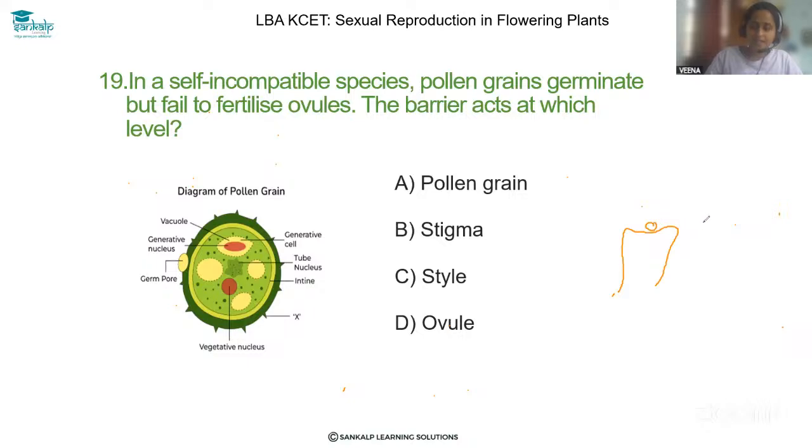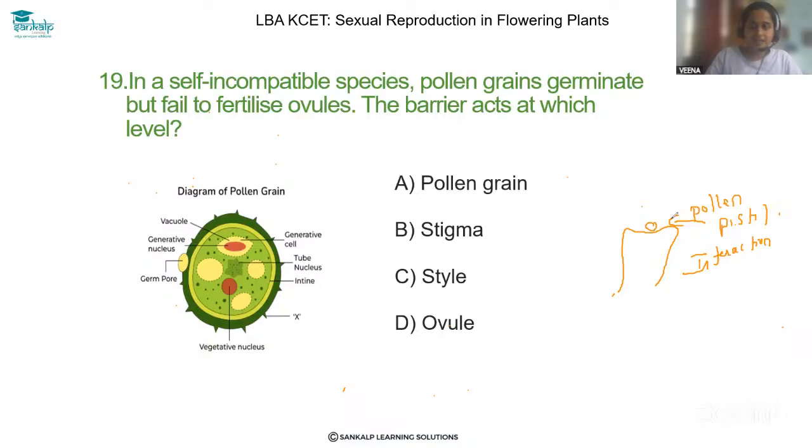There is an interaction between the pollen and the stigma, that is called pollen-pistil interaction. During pollen-pistil interaction, what happens?